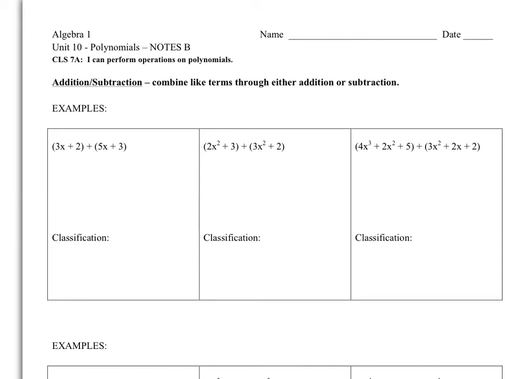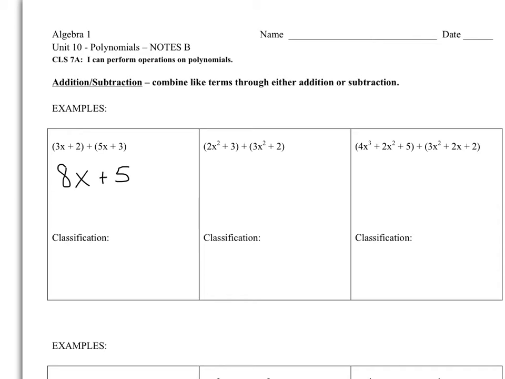From Notes B, okay, open up Notes B, and we're going to be adding and subtracting polynomials. So some examples, basically comes down to one idea called combining like terms. So here I'm going to add 3x plus 5x, which is 8x, and 2 and 3 is 5.